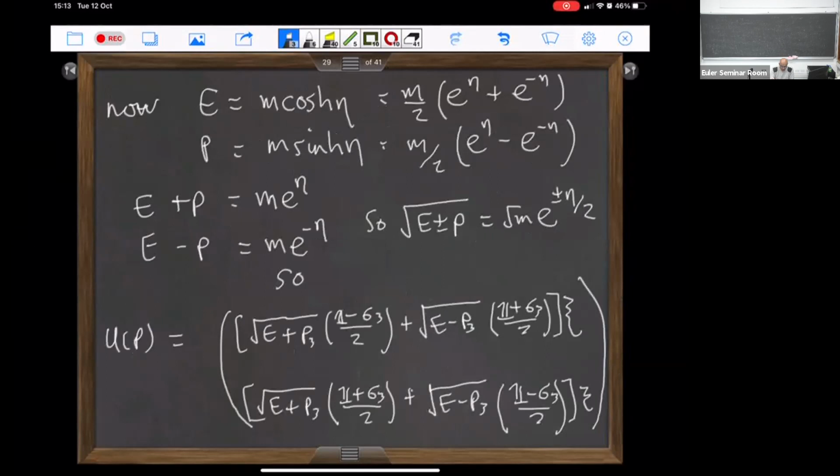So for that, we go back to our previous expressions. E was m times the hyperbolic cosine, which gives me this formula at the top if I rewrite that as exponentials. And similarly for the momentum. That means that E plus P is the mass times the exponential, and E minus P is the mass times the exponential, but with the inverse boost.